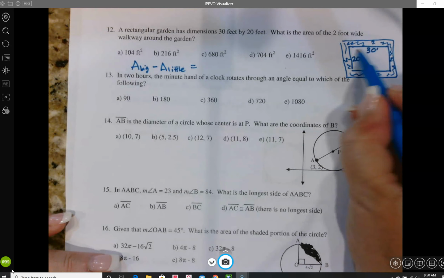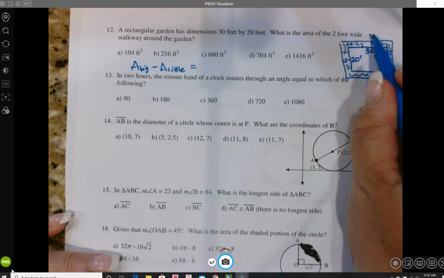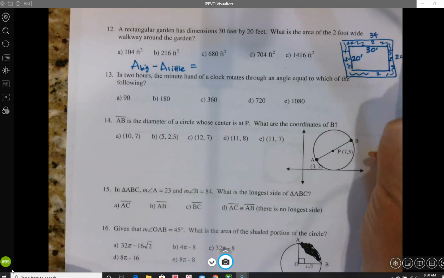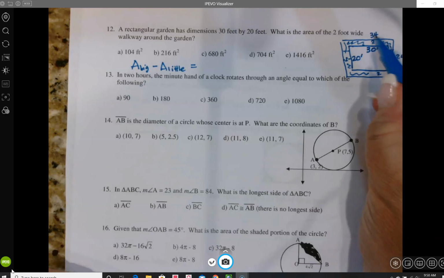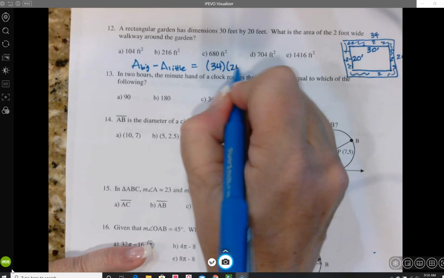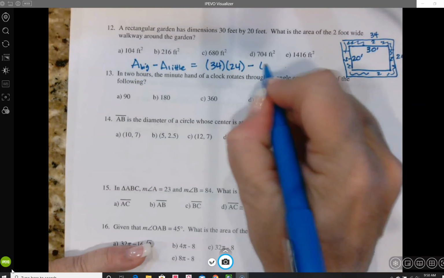So if I take my 30 here and I add on 2 more here and 2 more here, the big rectangle is 34 feet long, and then I'm going to add that same 4 to my width. So my big rectangle is 34 times 24, and my little rectangle is going to be 30 by 20.